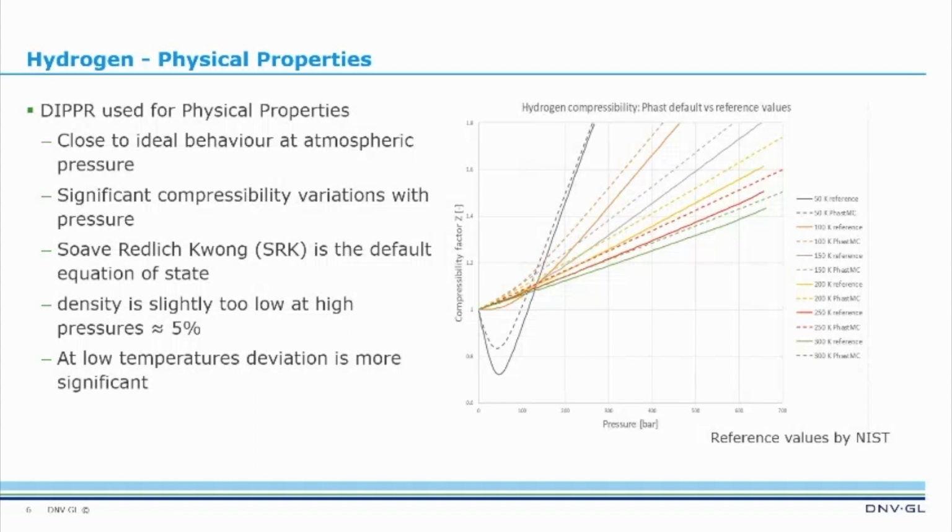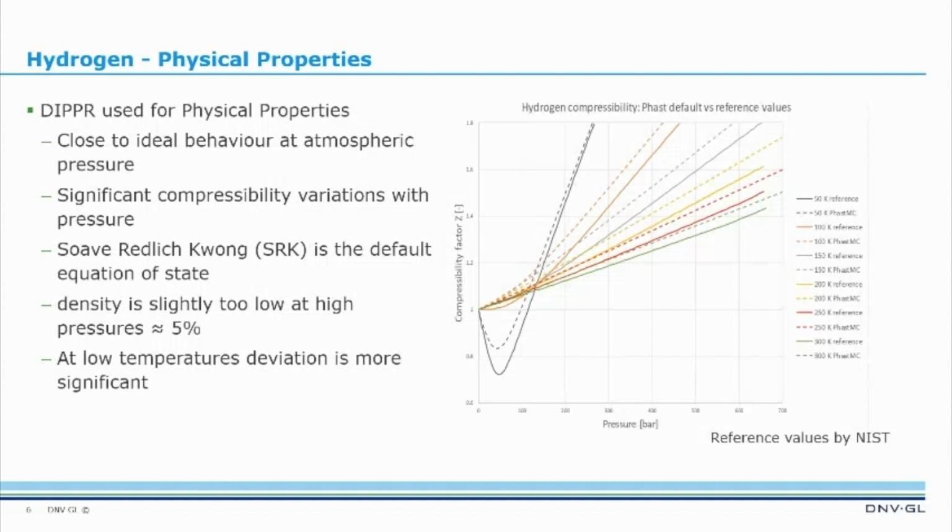There is an offset there, and it seems systematically around 5%. We're a bit too high in compressibility factor using the Soave-Redlich-Kwong. So our densities may be predicted to be too low in vessels and pipes. So we're maybe not quite conservative in that respect. So you could compensate for that slightly in your case inputs.